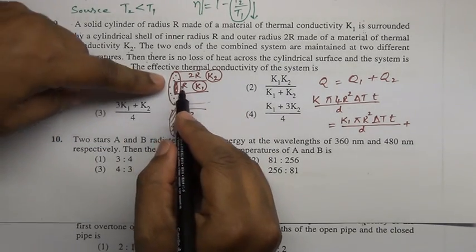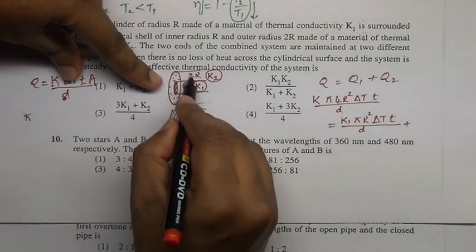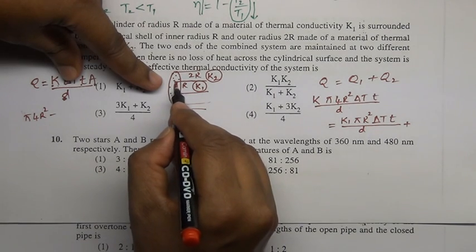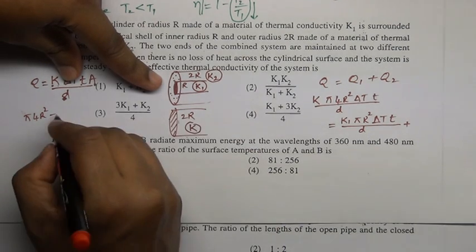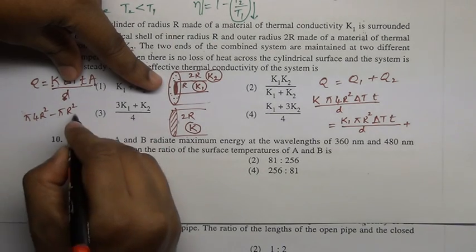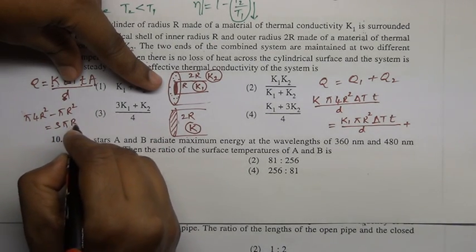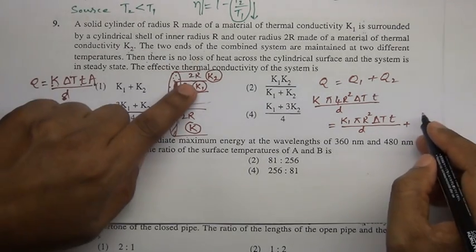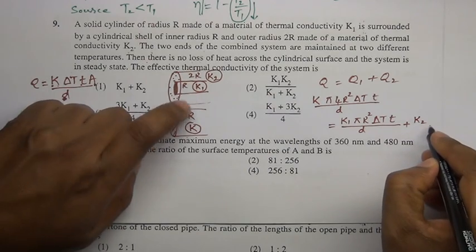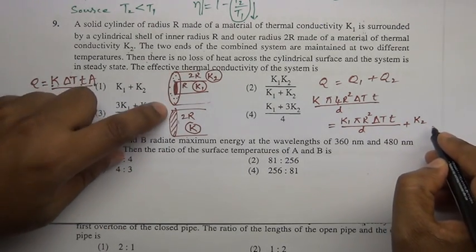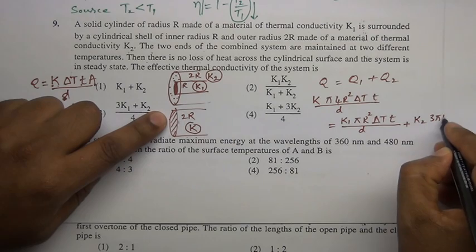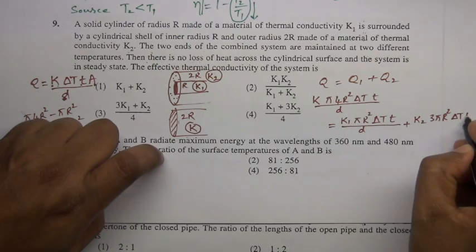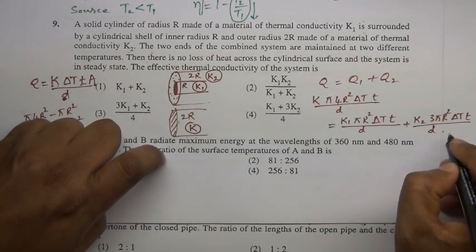Area of this is pi into 2r squared, 4r squared, minus the area of the core, which is pi r squared. The difference of these two gives 3 pi r squared. Therefore, the heat conducted by the crust is K2, area of this dotted portion 3 pi r squared, temperature difference delta T, time T divided by D.